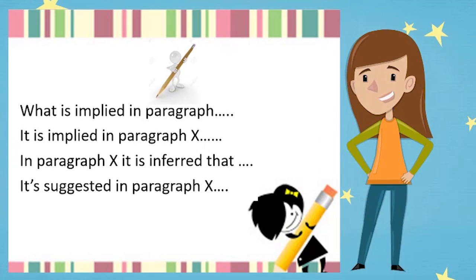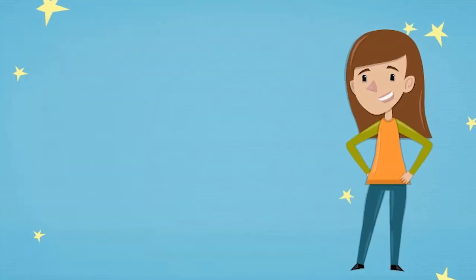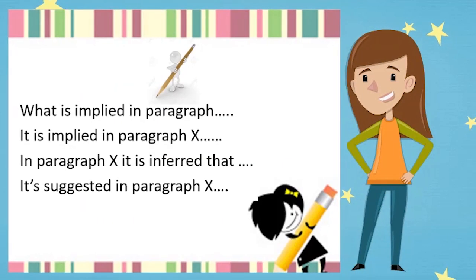Some phrases that are going to help you to identify the question are: what is implied in paragraph, it is implied in paragraph, it is inferred that, it's suggested in paragraph, paragraph implies. You notice that the words infer, implied, and suggest always appear in this type of questions.